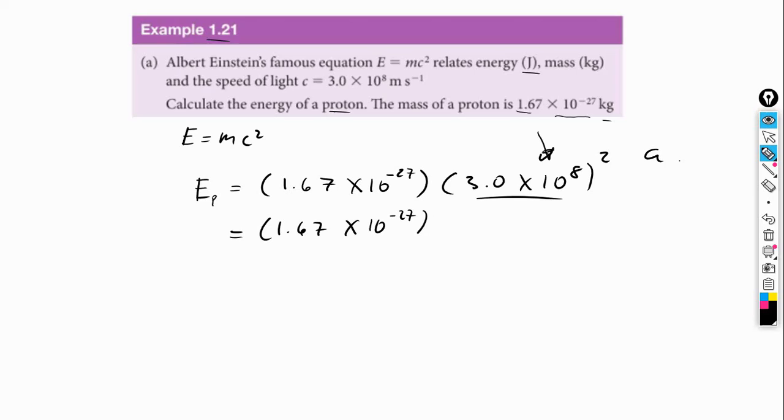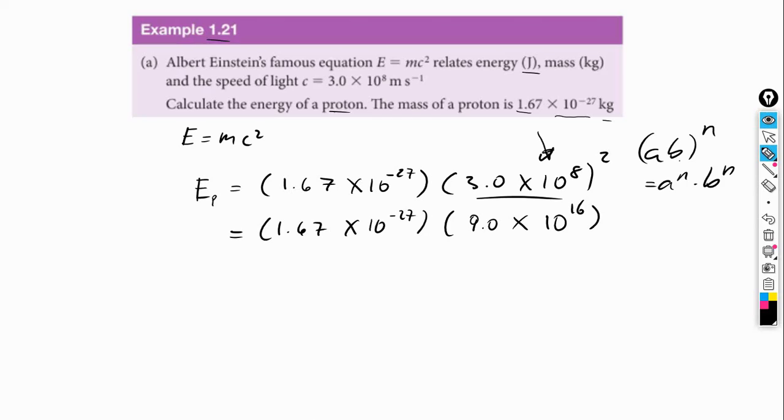Remember that if you have (a b) to the power of n, this is the same as a to the n times b to the n. So this would be 3.0 squared, and 3.0 squared is going to be 9.0. So 9.0 times 10 to the 2 times 8, so times 10 to the 16.